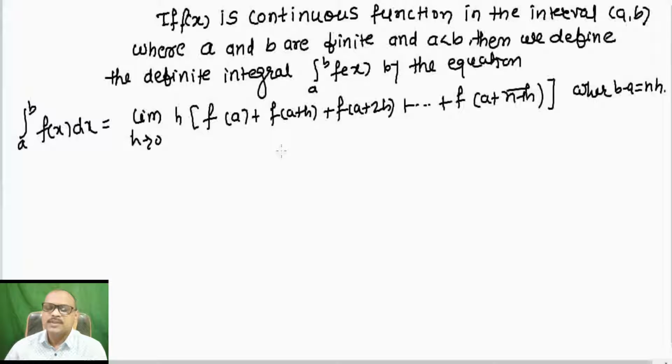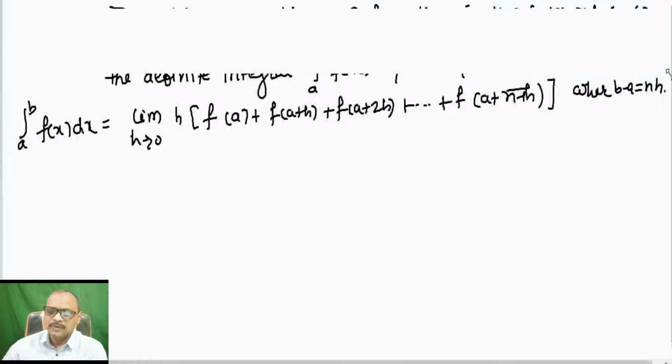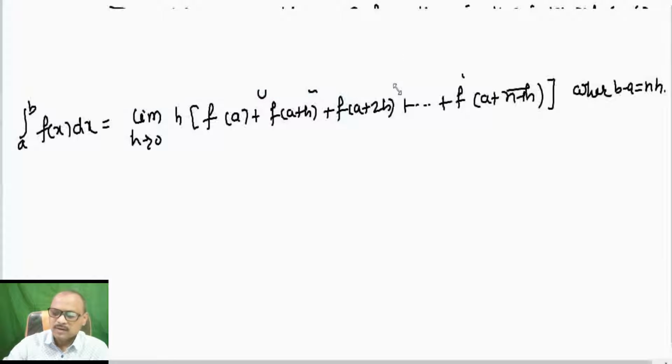Now using this definition we will see examples, how we can solve examples and how we will evaluate the definite integral using this definition. Here I am writing the same definition once again so that you can watch it continuously and remember it.